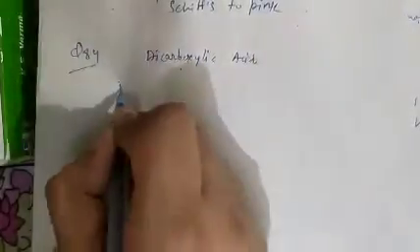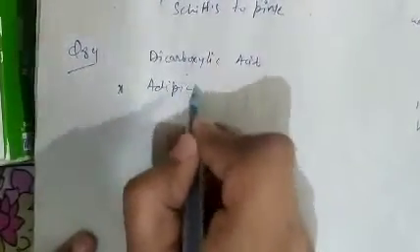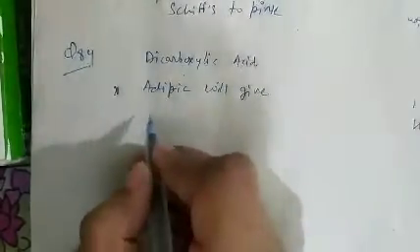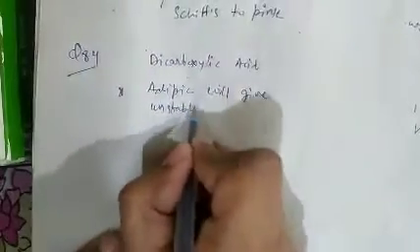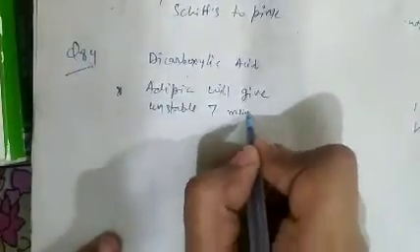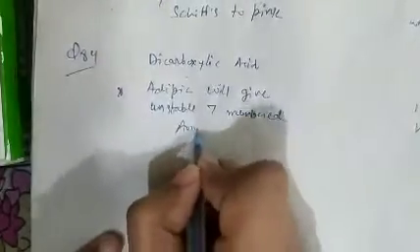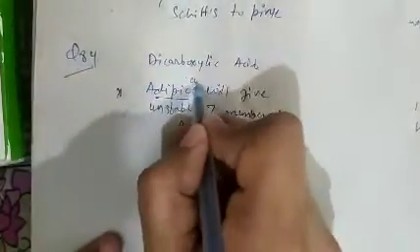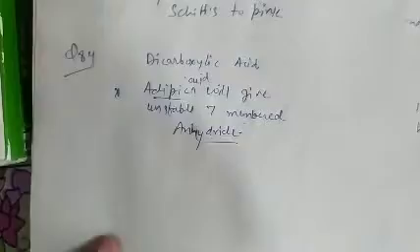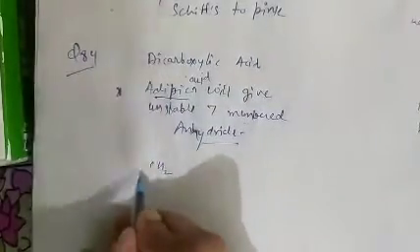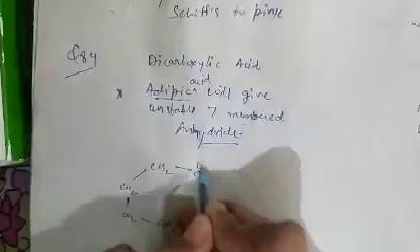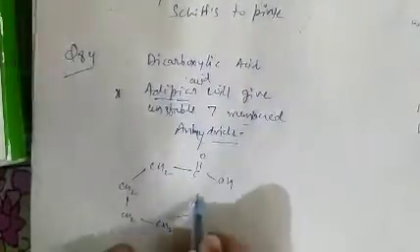As we know, adipic acid will give an unstable 7-member ring, a 7-member anhydride. As we can see, CH2, CH2, CH2, CH2 and COOH and also COOH.